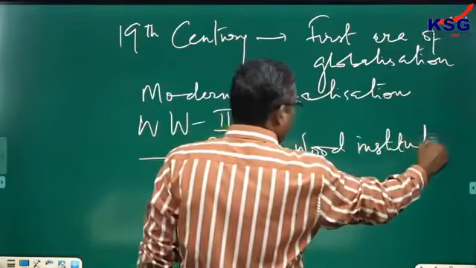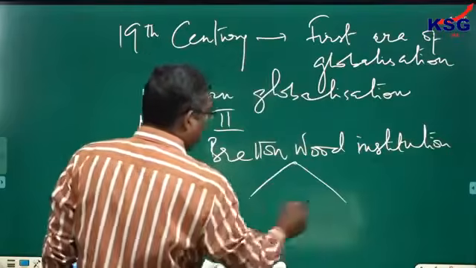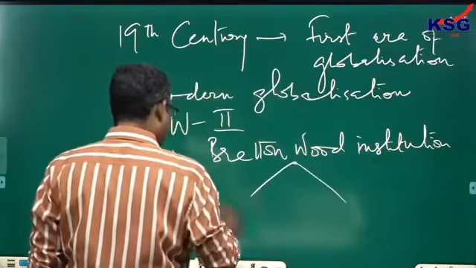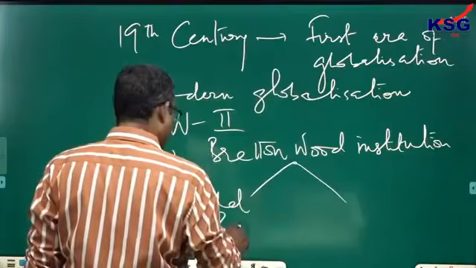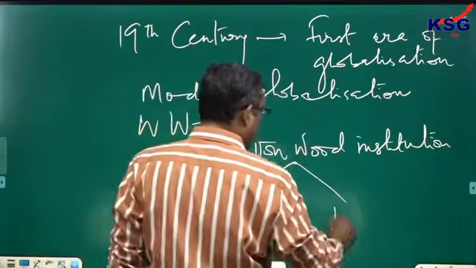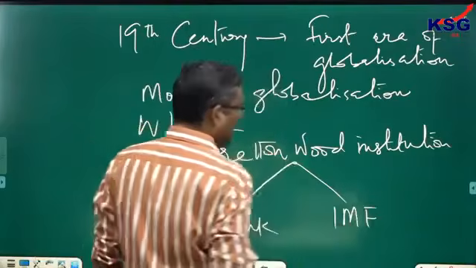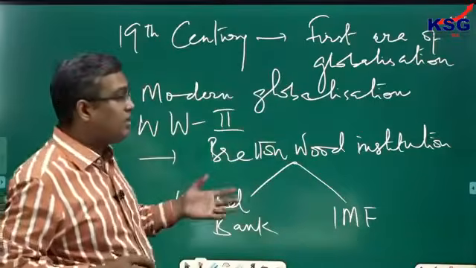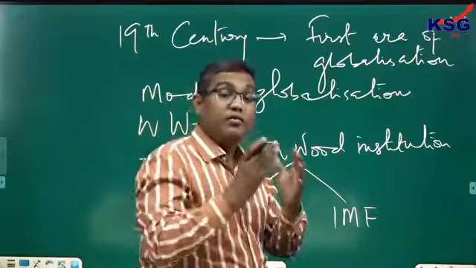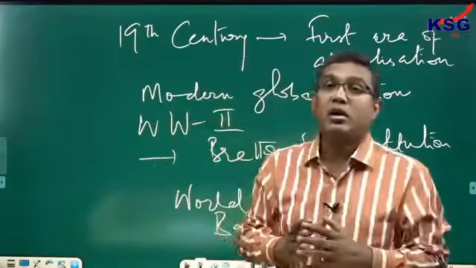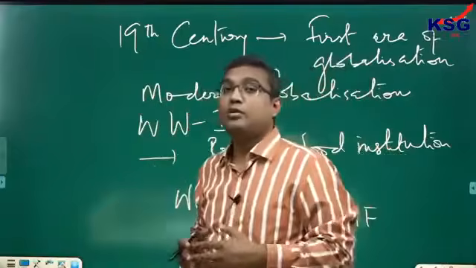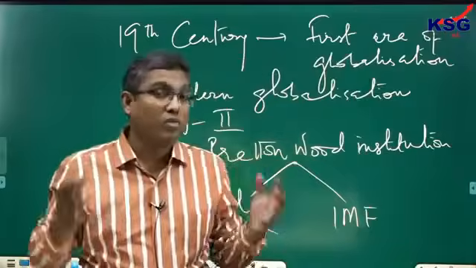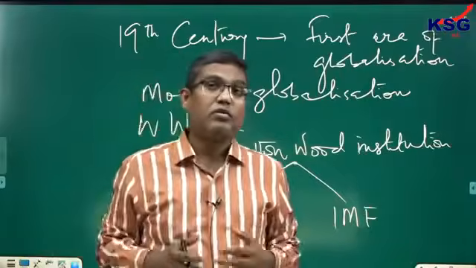Two: one is the World Bank and the second is the IMF. These two institutions played a very important role in increasing the pace of globalization across the world. That is very important for you.